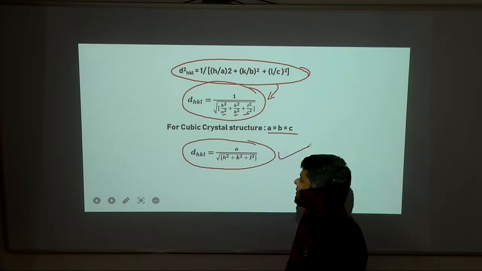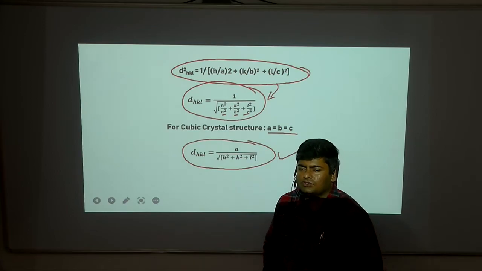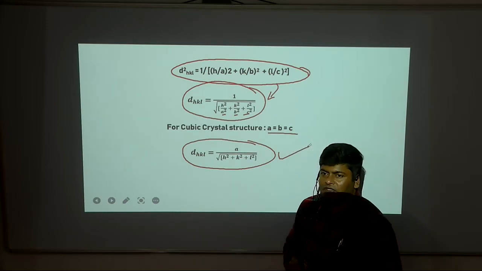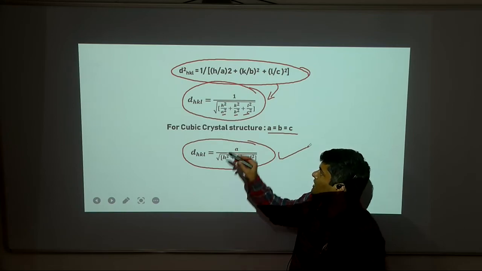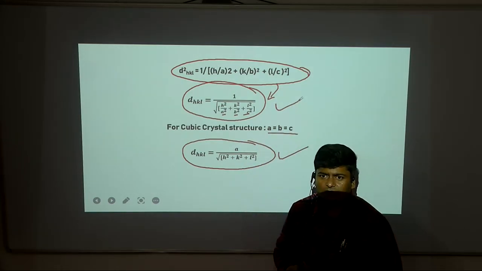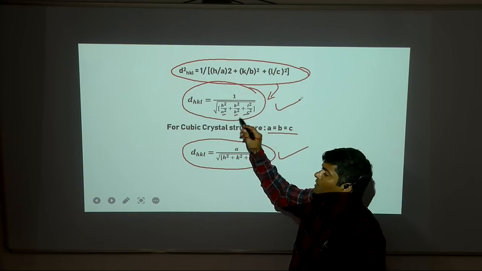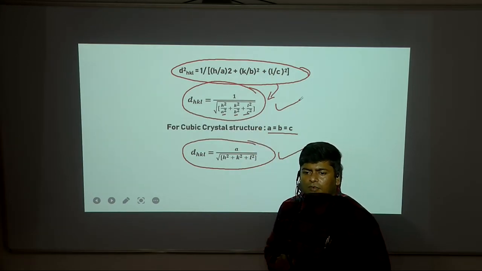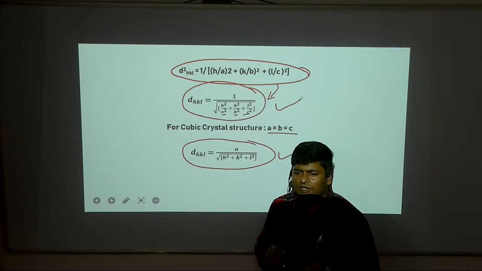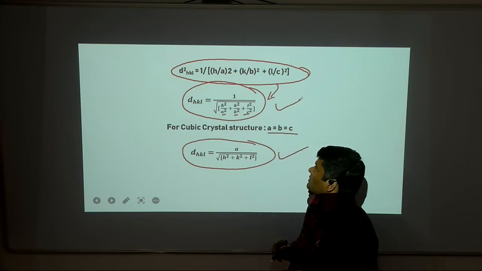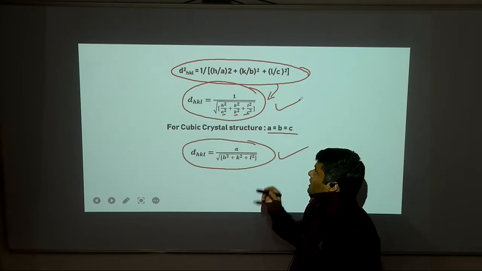So this is the final goal that we had to reach. In this way you can show that the general equation for the interplanar spacing is d_hkl equal to 1 upon the square root of h square upon a square plus k square upon b square plus l square upon c square.